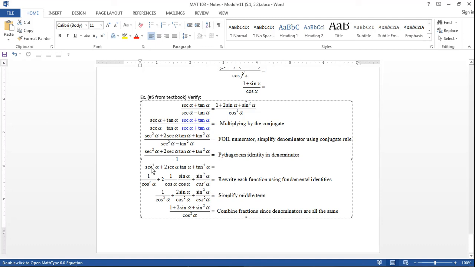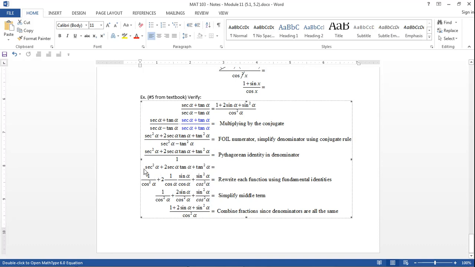So secant squared is equal to 1 over cosine squared. 2 secant tangent is going to be equal to 2, I mean, the 2 I just carried down. Secant is 1 over cosine. Tangent is sine over cosine. And then finally, this tangent squared is sine squared over cosine squared.